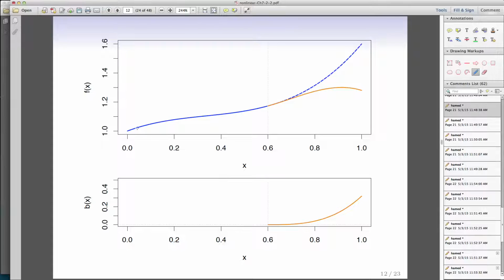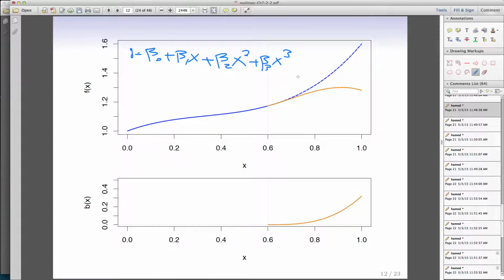So here you would see that if this knot didn't exist, my original base function, which was y equal to beta 0 plus beta 1 x plus beta 2 x squared plus beta 3 x cubed, would become this blue line.